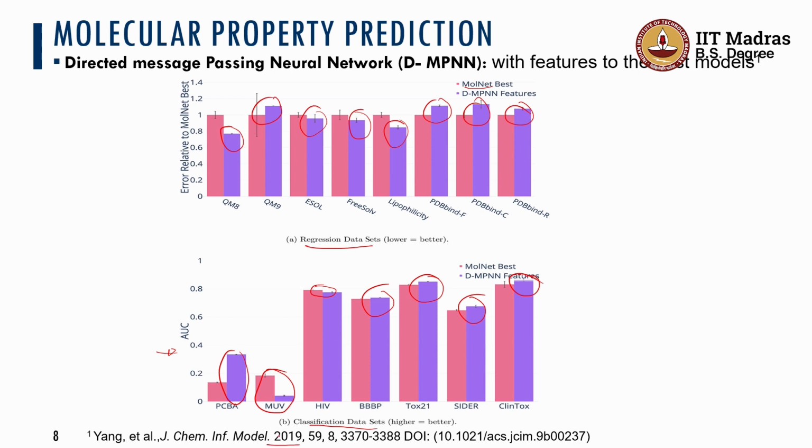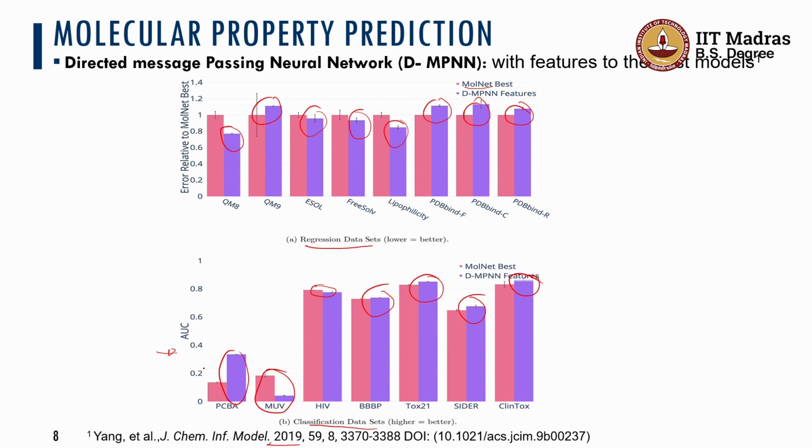Of course, this publication was in 2019, and in the last 3.5 years, more and more better models have come which can outperform DMPNN. But the point I want to make is that representing a molecule as a graph definitely has an advantage.